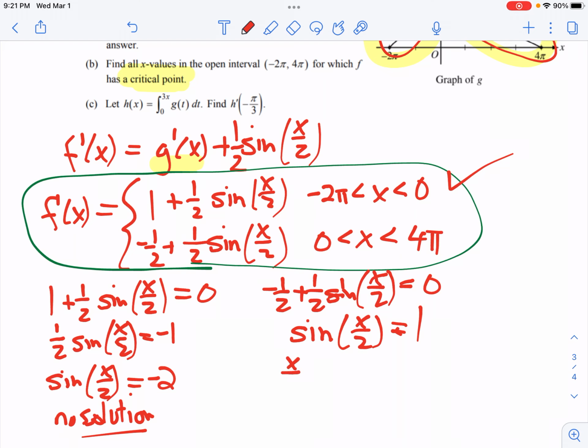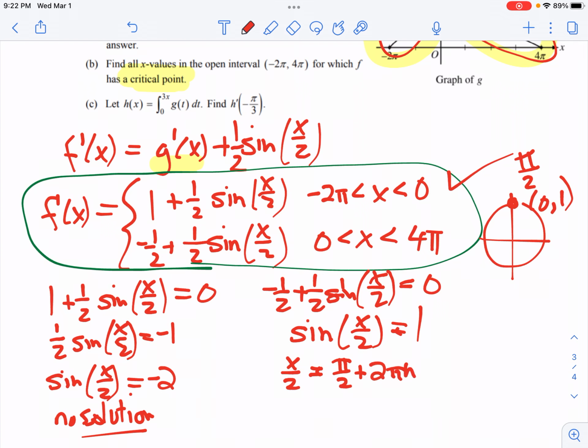That means I get x over 2 equals the inverse sine value, what angle has a sine of 1? That is pi over 2, because it has 0 for the cosine. So that is pi over 2 plus 2 pi n. Whoa, a little pre-calculus here, where n is an element of the integers.